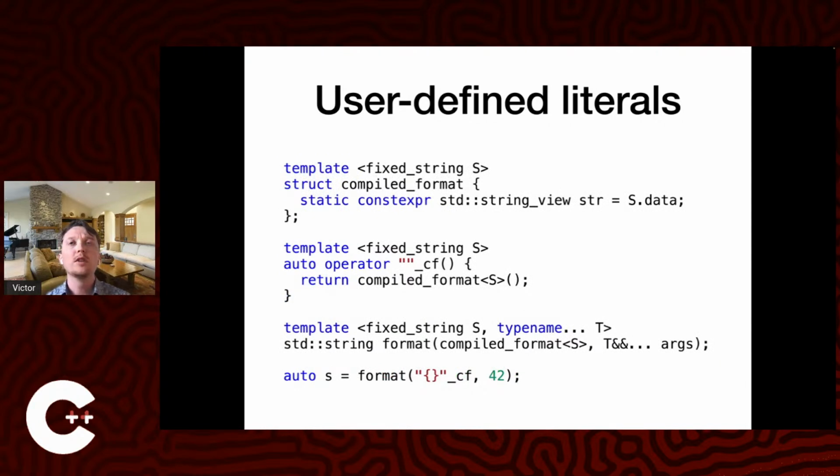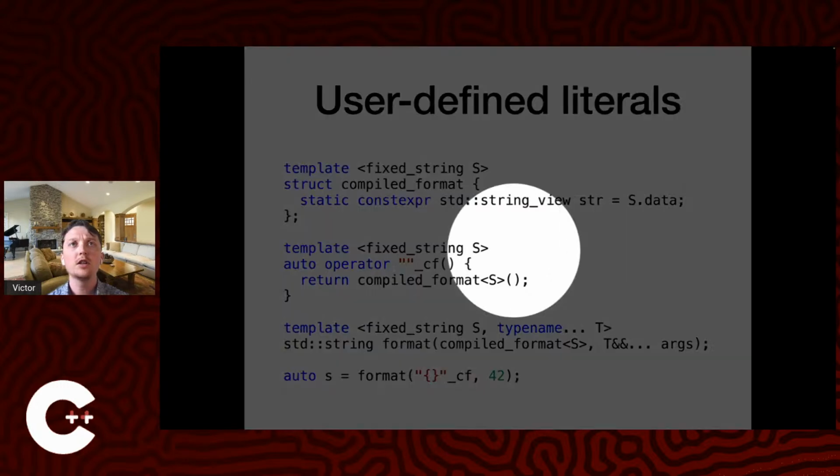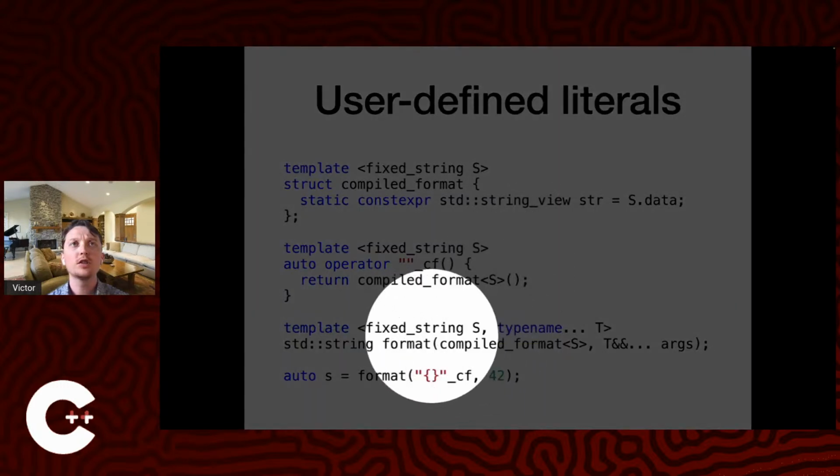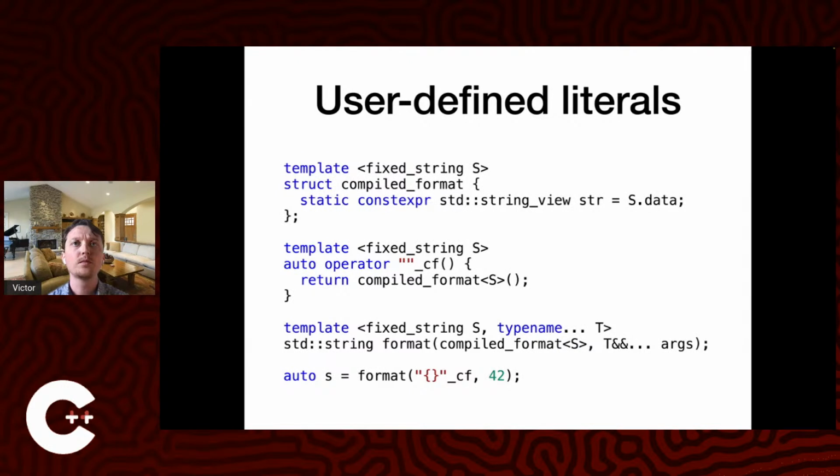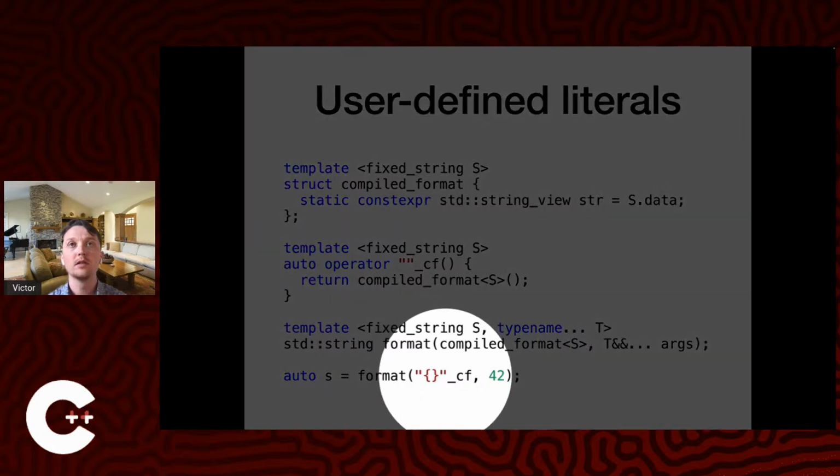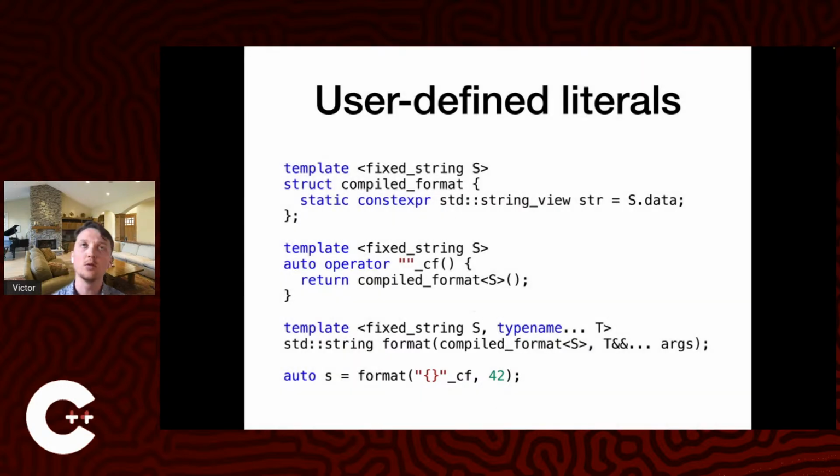So now we can use this compiled format in our formatting function here. This enables the API that we've seen previously. So format, where the format string is passed as a UDL.